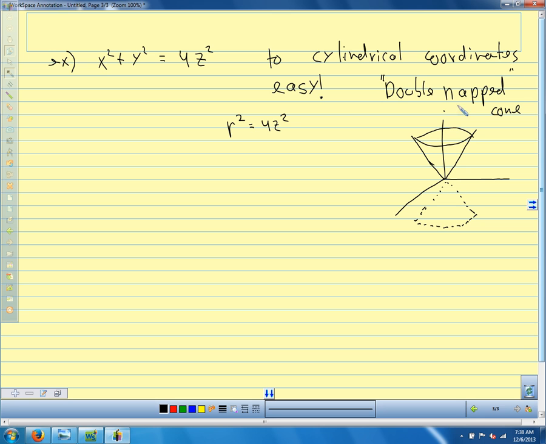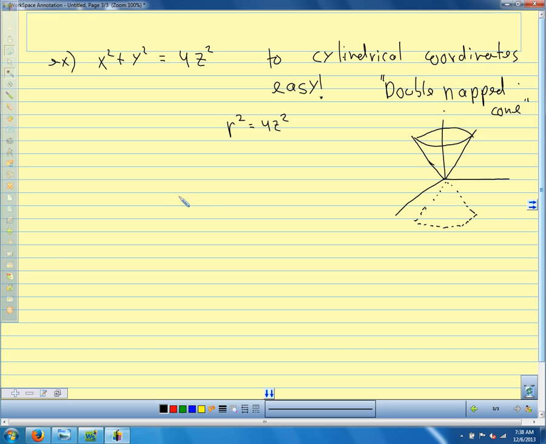It has two nappes, that's right. So for the expression of a cone in cylindrical coordinates, a cone has circular symmetry about the z-axis. A little nicer expression for a cone. We get rid of that x squared, y squared. We just have an r squared.